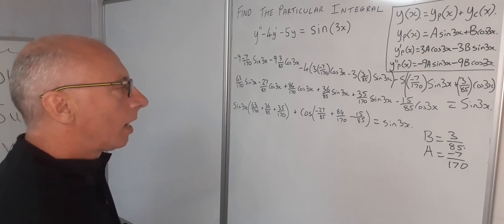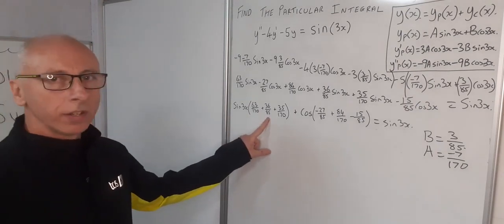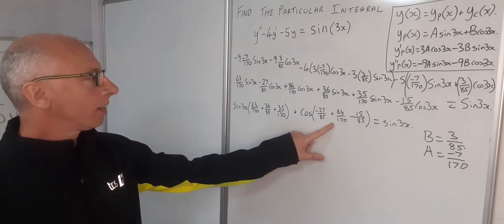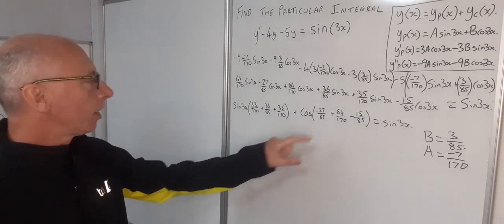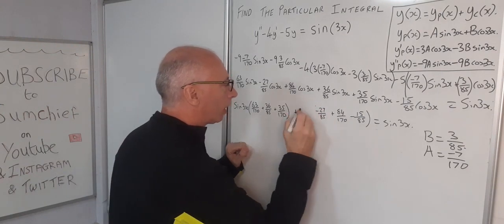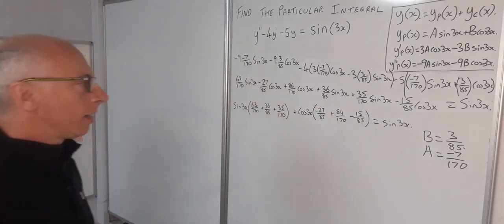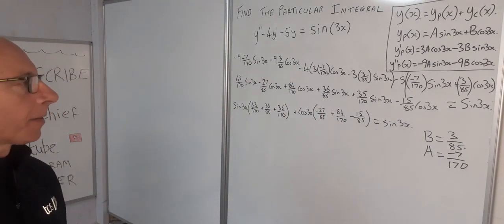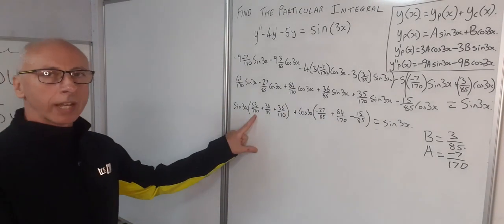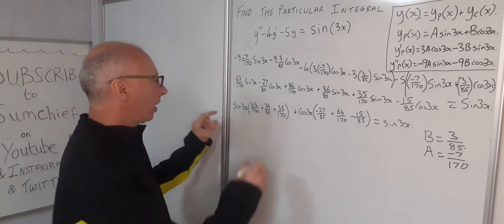Okay, now hopefully I'm going to end up with this being 1 and this being 0. Let me just write 3x in there, I'm sure you're all shouting at the video saying I've missed that out. Okay, let's work out this. 63 over 170 plus 35 over 170.